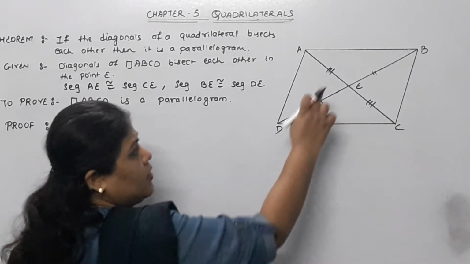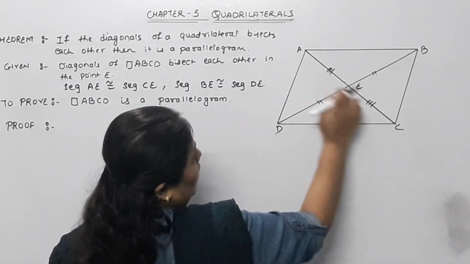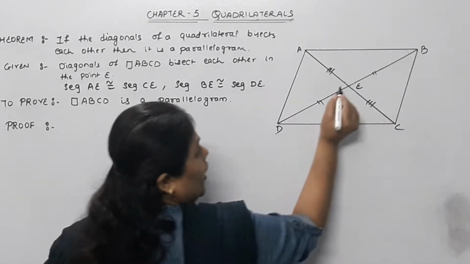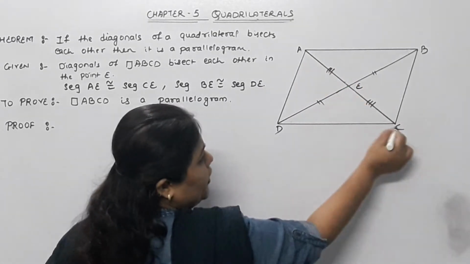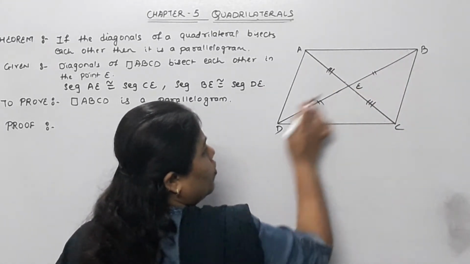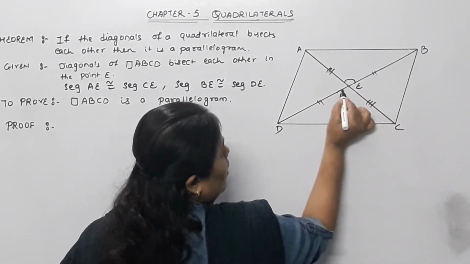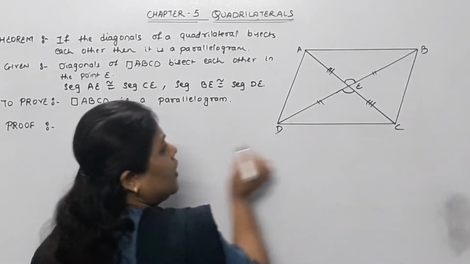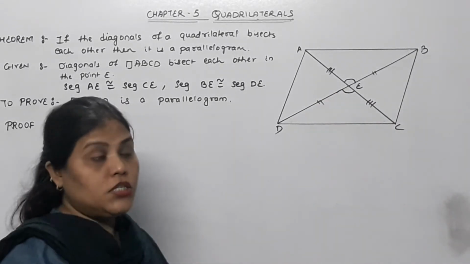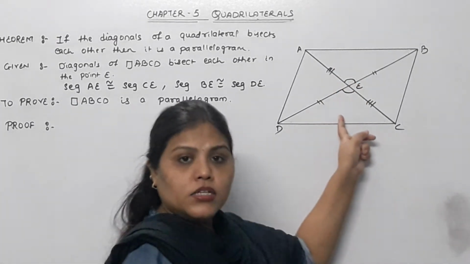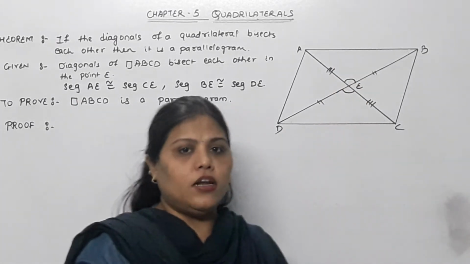If I consider these two triangles, AEB and triangle CED, then with the help of AE congruent to CE, BE congruent to DE, and angle AEB congruent to angle CED, that is vertically opposite angles, we can say that these two triangles are congruent by the side angle side test.